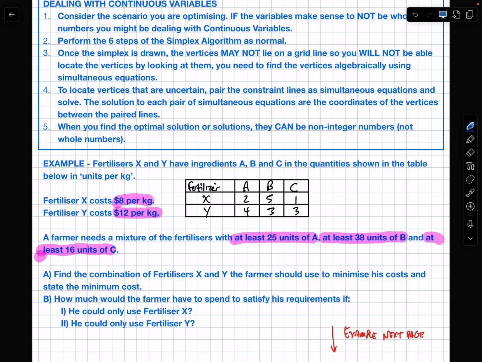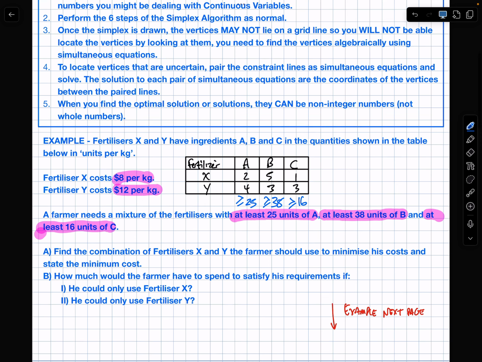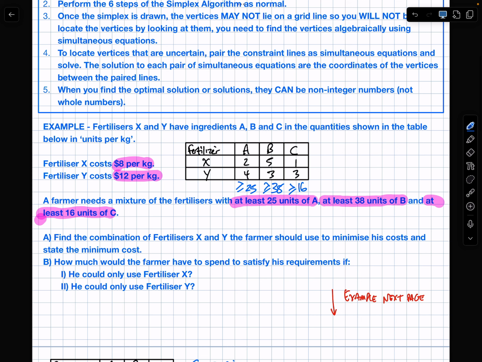We can say greater than or equal to 25 for A, greater than or equal to 38 for B, and greater than or equal to 16 for C. And so it's an optimization question. You're finding the combo to minimize costs, find and tell me the minimum cost.